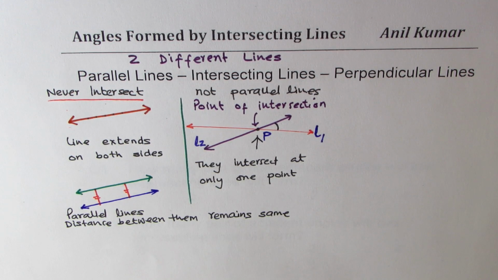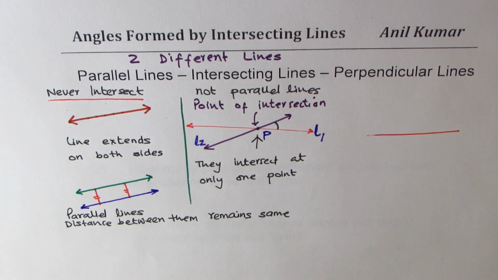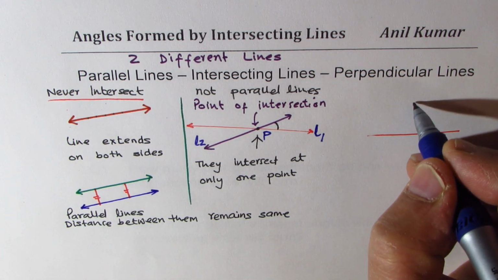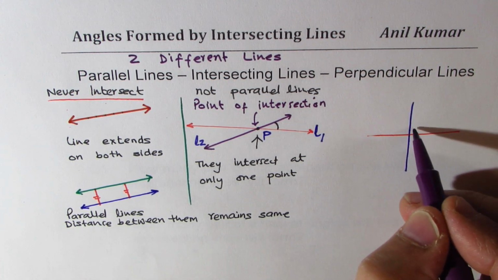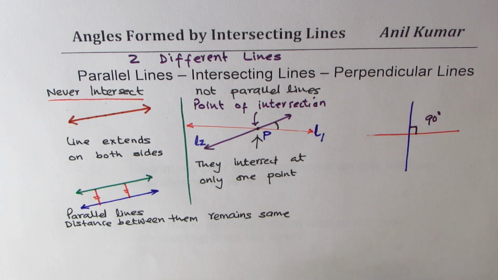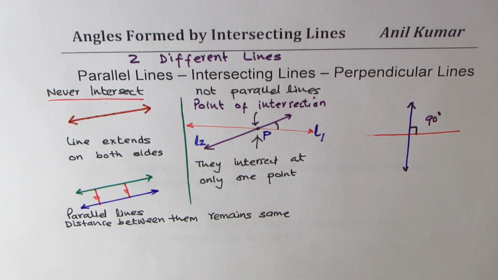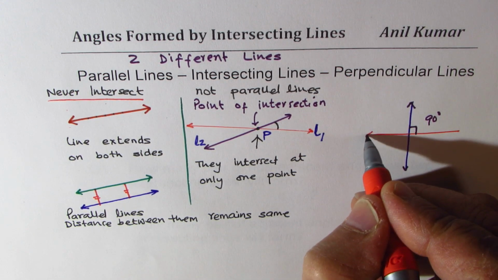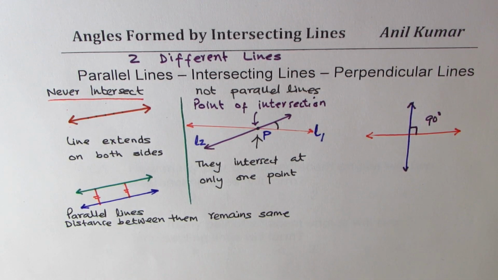So at times what will happen is that the intersecting lines could be perpendicular. That is, the angle formed is 90 degrees. That is 90 degrees. So if the two lines are intersecting and the angle formed is 90 degrees, then we say they are perpendicular lines.